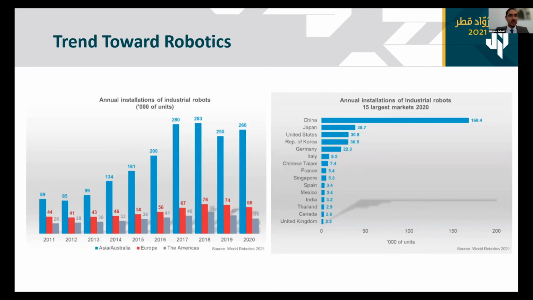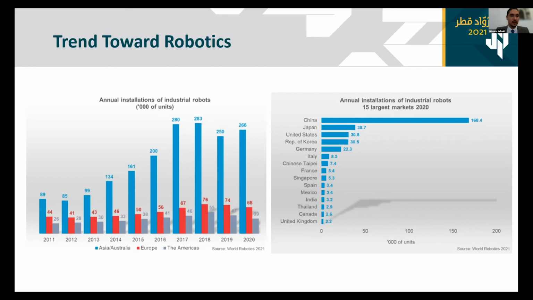Moving now to understand which countries are using or installing robots the most. As you can see on the graph on the left, the Americas, both Southern and Northern, come third.